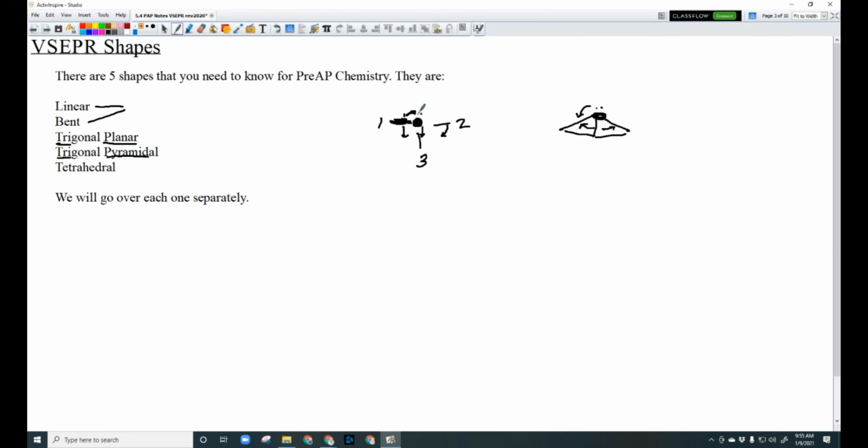And it all depends on if there's these lone pairs of electrons that are on the center atom. And then tetrahedral. Tetra means 4. So you're going to have your central atom then with 4 things attached to the center.